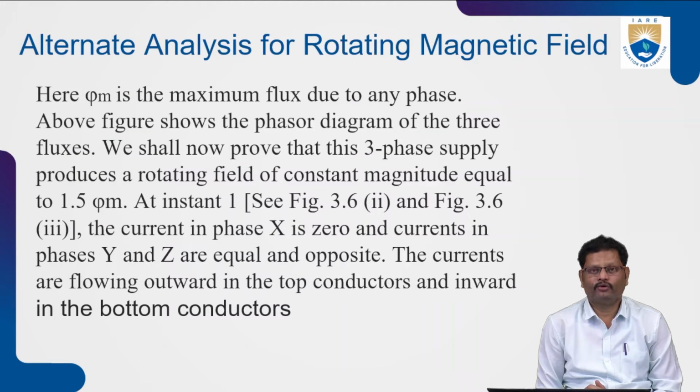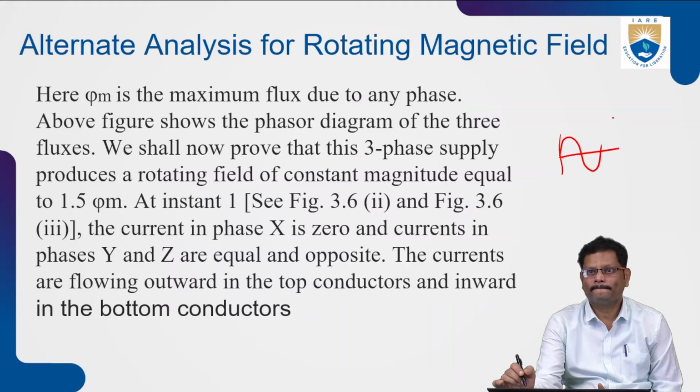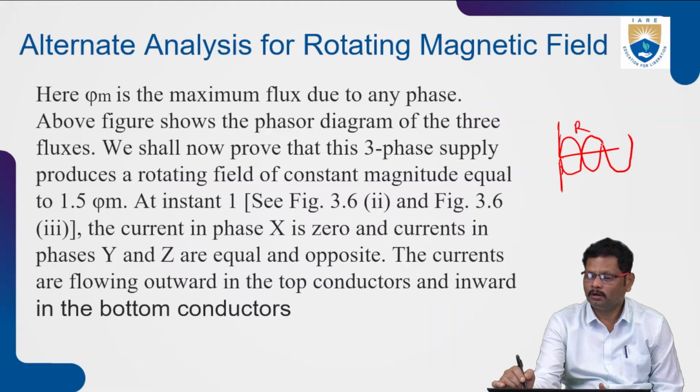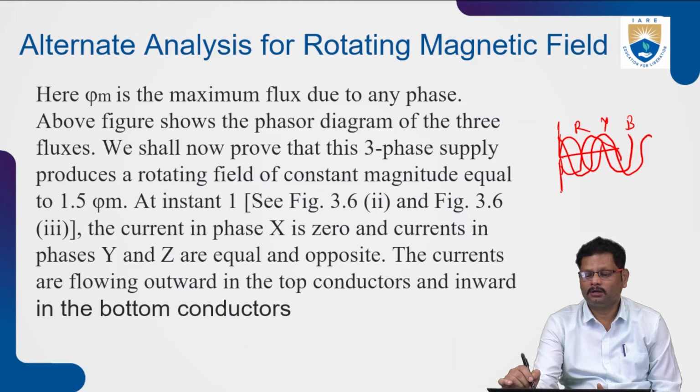And how is the flux produced in the rotating magnetic field? Three fluxes will be produced here. The flux produced in R phase is like this, and for the three phases R, Y, B, Y phase starts after 120 degrees and B phase starts after 240 degrees.